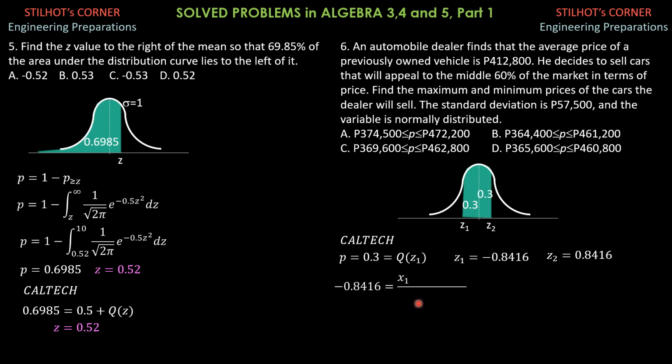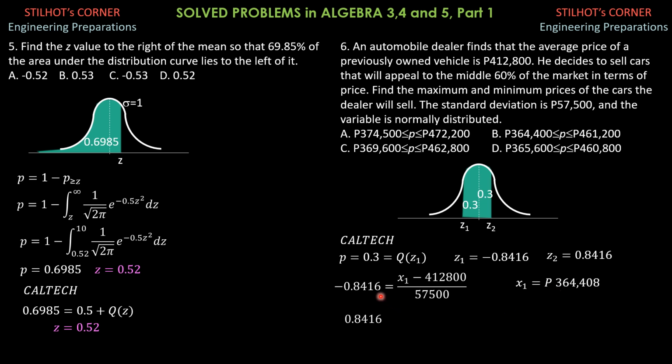Z-score is equal to the price, which is in this case x1, minus the mean price 412,800 over standard deviation. So solving for x1, the minimum price therefore is equal to 364,408 pesos. So we can round that off to 364,400, of course.